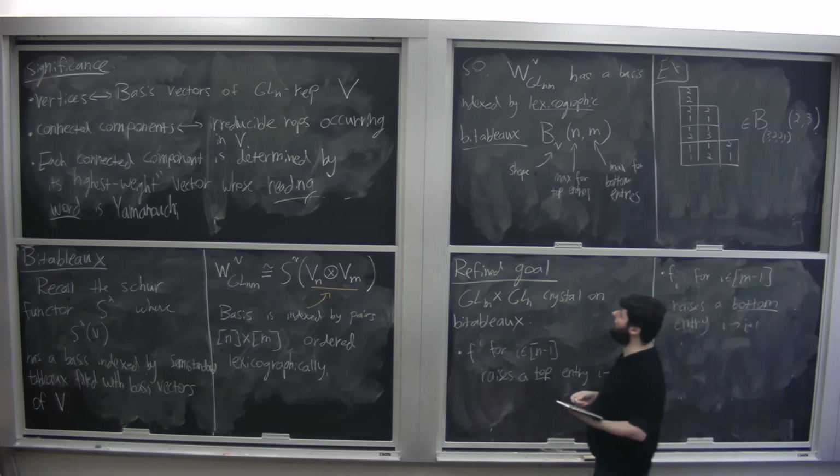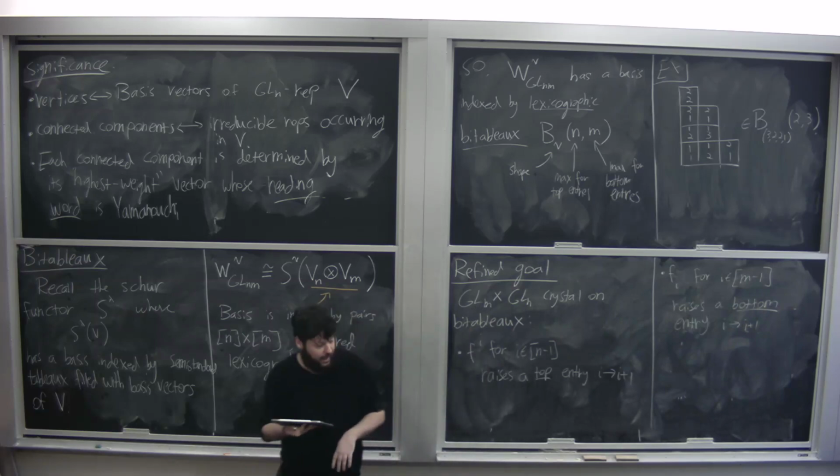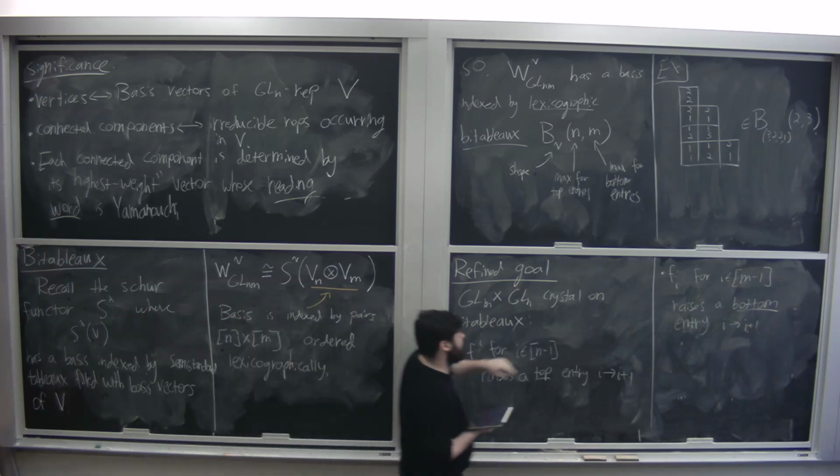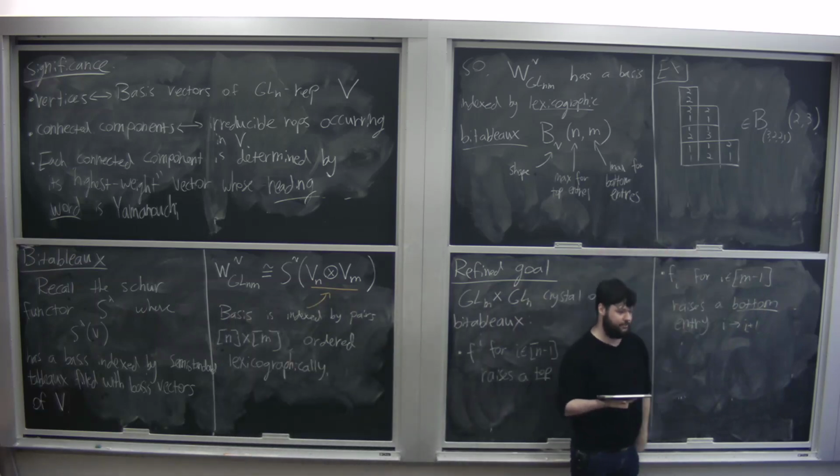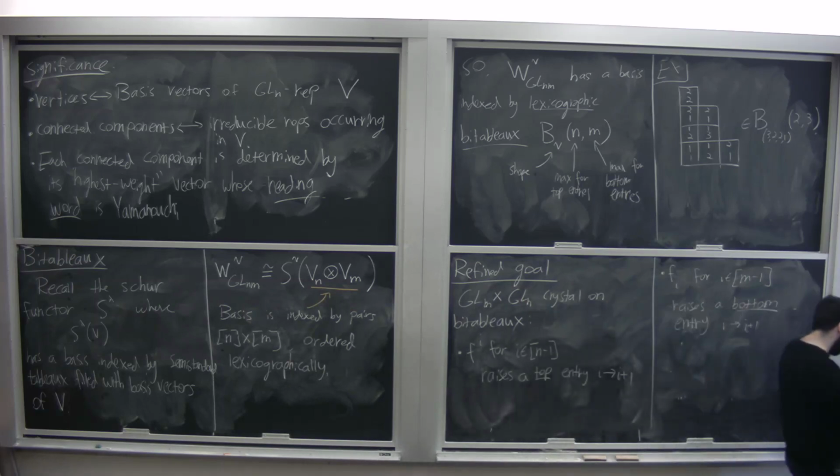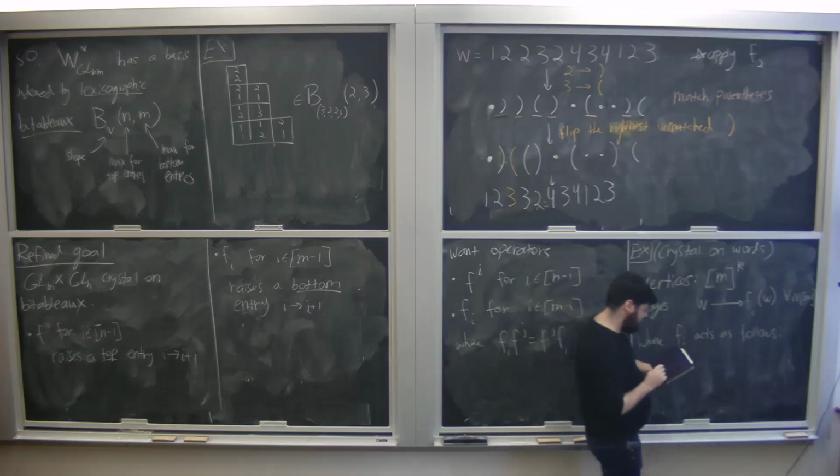So in a sense, our commuting structures on these bitableau want to act on the top entries and the bottom entries separately, in a way that commutes.